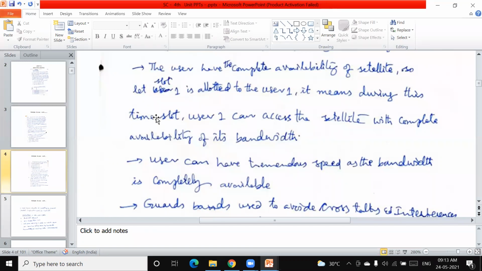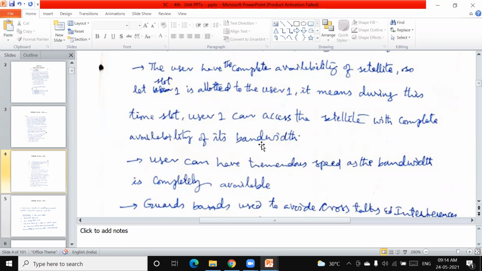So now here, the user has the complete availability of the satellite. Let us consider that slot one is allotted to user one. It means that during slot one, user one can access the satellite with complete bandwidth.